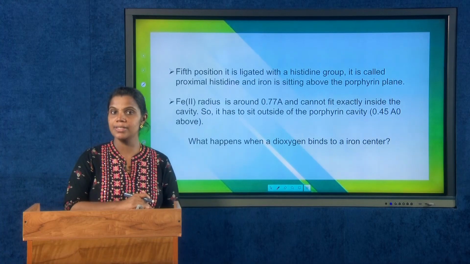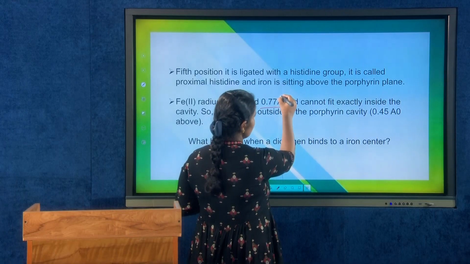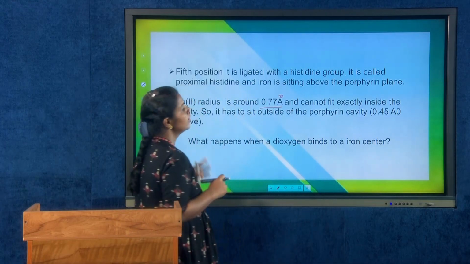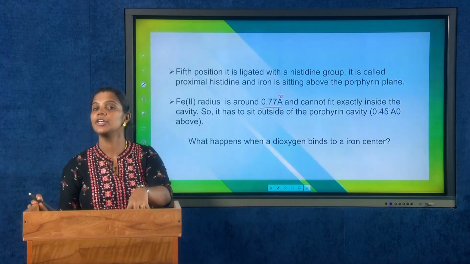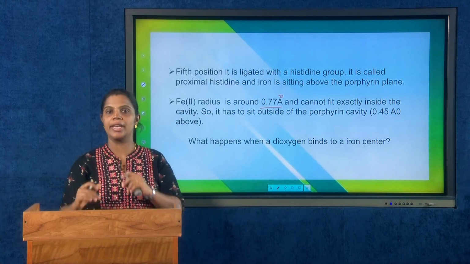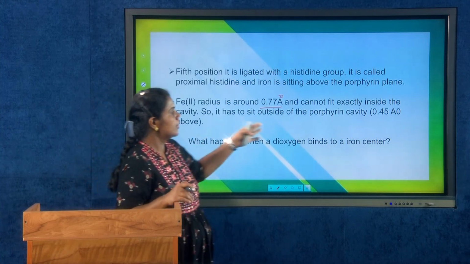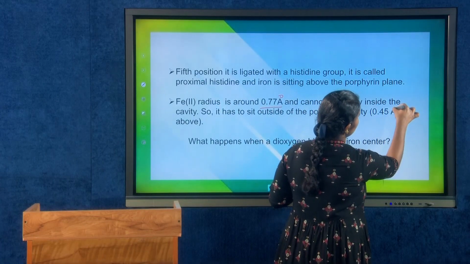The Fe2 plus radius is about 0.77 angstrom in myoglobin, and it cannot actually fit exactly into the cavity. So what happens? It is sitting outside the porphyrin cavity, almost 0.45 angstrom above.